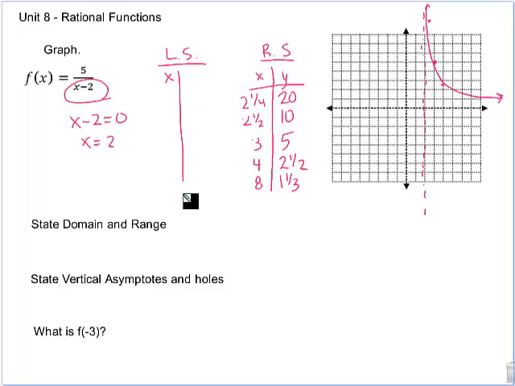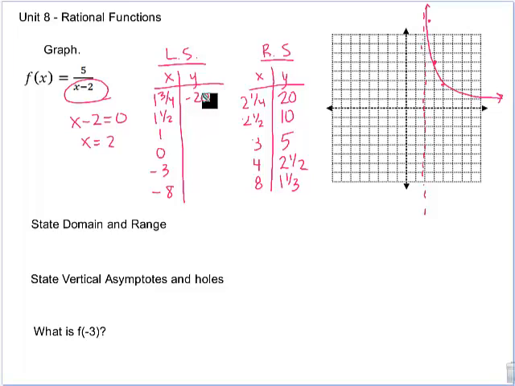Left-hand side, same thing. We want to start close to the line, so at about 1 3/4, and then 1 1/2. And then I don't know, we could plug in 1, 0, -3, -8. So if we plug in 1 3/4, so we do 5 divided by 1 3/4 minus 2, we get -20.